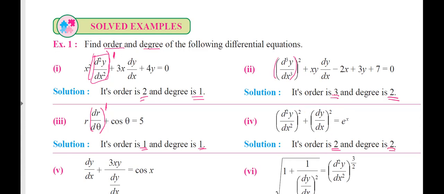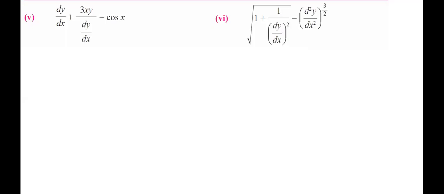Now let me explain 5 and 6 also. Fine. So we need to find the order and degree of question number 5. It says dy by dx is equal to 3xy, dy by dx is equal to cos x.